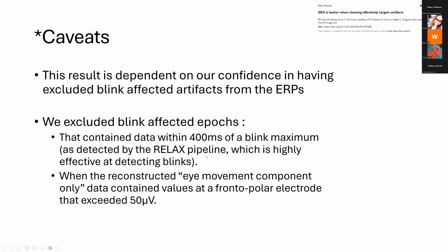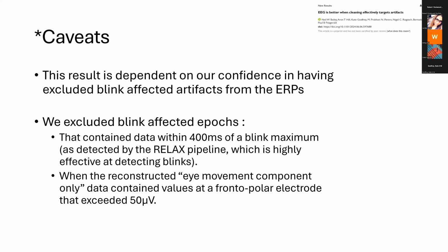And we also excluded epochs when the reconstructed eye movement component only data contained values at frontopolar electrodes that exceeded 50 microvolts. And so blinks usually exceed 50 microvolts, and we're pretty confident that we effectively excluded the blinks.